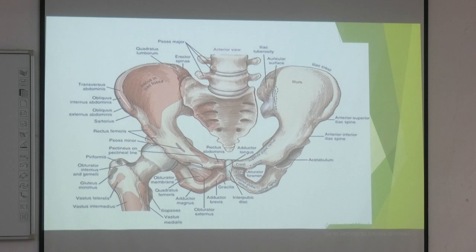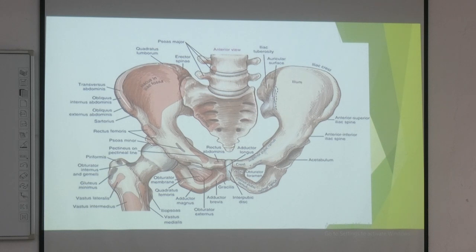Gluteus minimus is attached to the anterior surface of the greater trochanter. Then the second glute, gluteus medius. Gluteus medius is attached on the lateral surface of the greater trochanter. So 2 glutes are attached to the greater trochanter. You have to remember it.